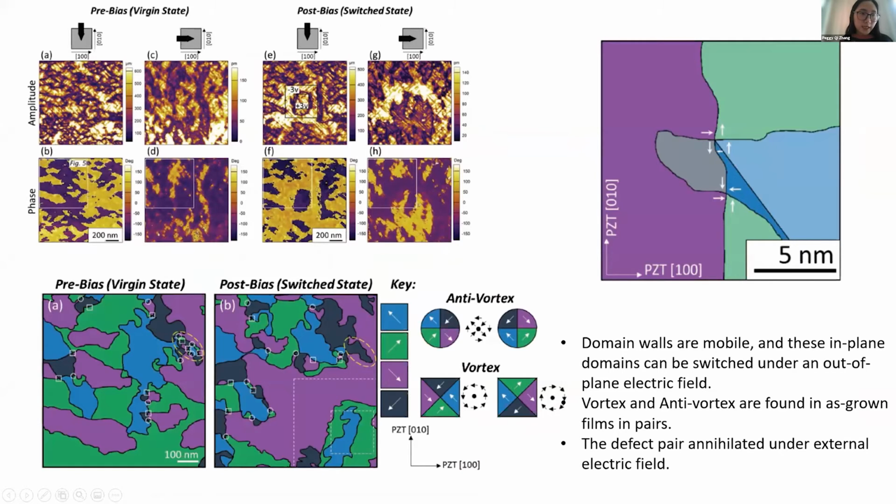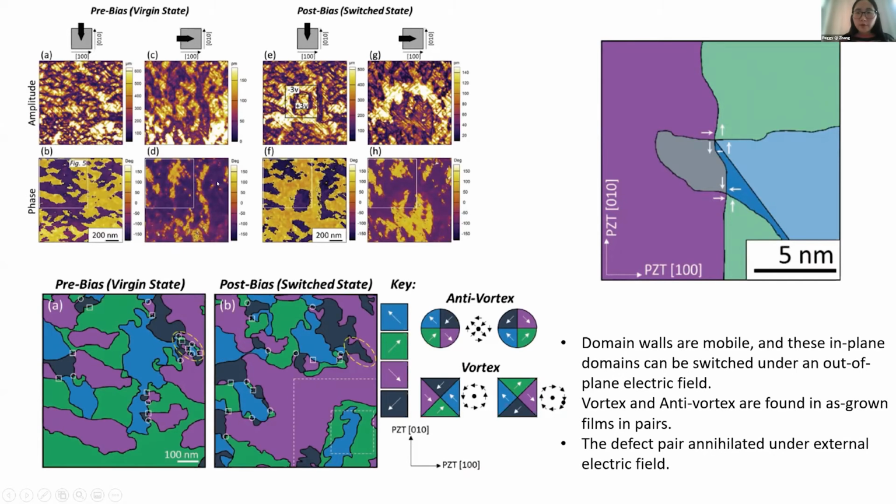We can see two typical domains: super domains that show clearly different in-plane orientations, and inside each super domain there are small subdomains, showing the very typical A1, A2 domain structures.